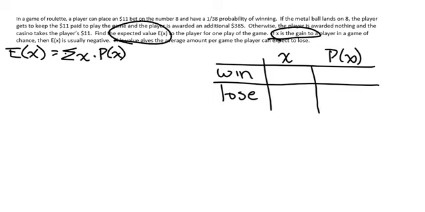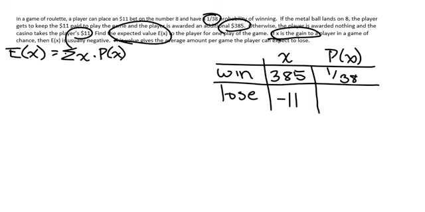Now, if a player wins, they gain $385. If they lose, they lose $11, so to mark that as a gain, we would mark it as a negative number, negative 11. The probability of winning in our example is 1 out of 38.